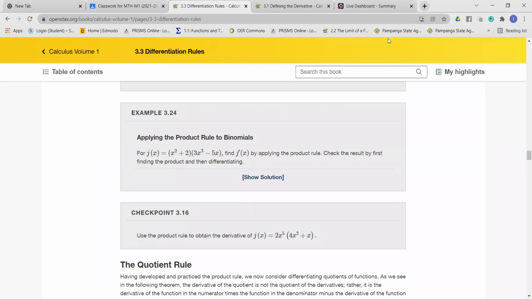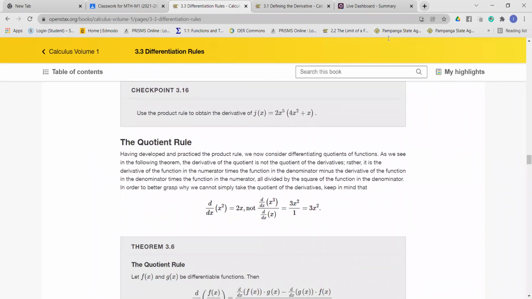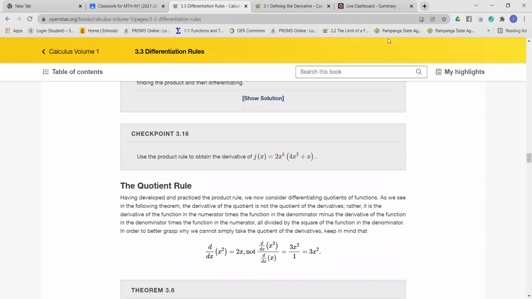Okay, may mga examples kayo dito. So, kayo na bahalang mag-apply ng mga examples. Okay, for example, itong checkpoint natin. So, what will be the j prime of x? So, derivative of the first. So, that will be 10x to the fourth. Okay, so derivative kasi nito. Times, do not change, wala kayong pakikialaman dito, 4x squared plus x.